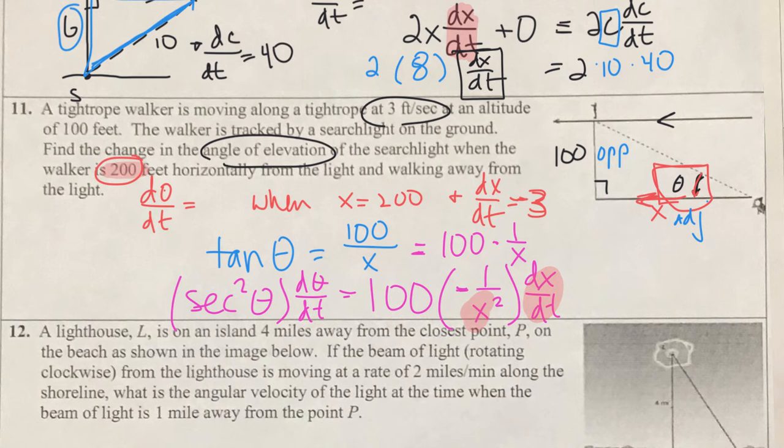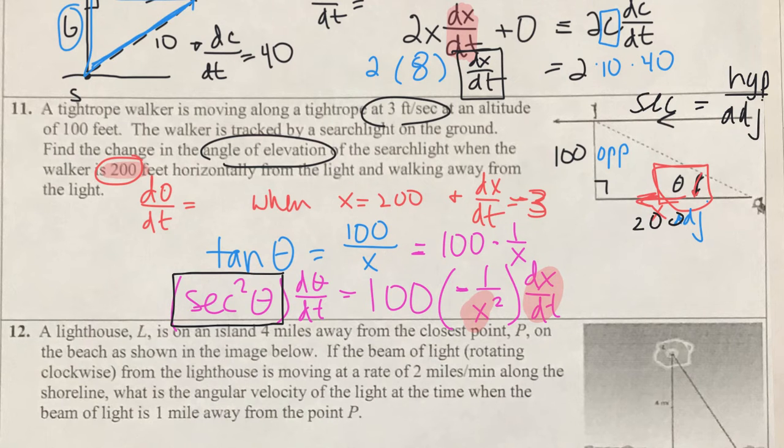Now the secant part, in order for us to figure out what this whole entire thing is, we're going to need to find our hypotenuse, right? Because the secant from pre-cal is the hypotenuse over your adjacent side.